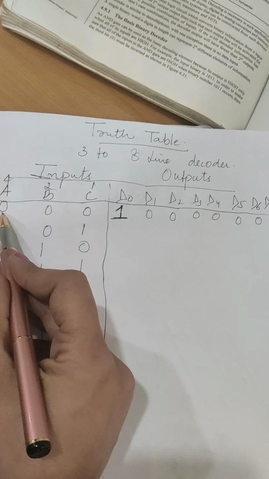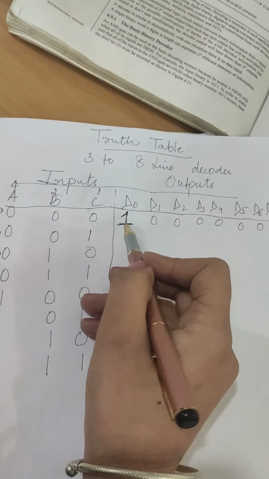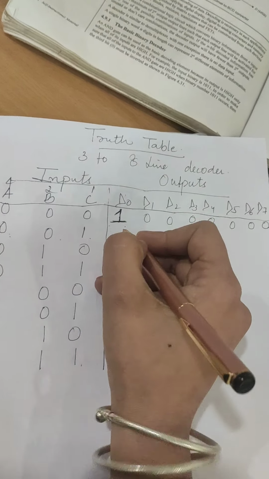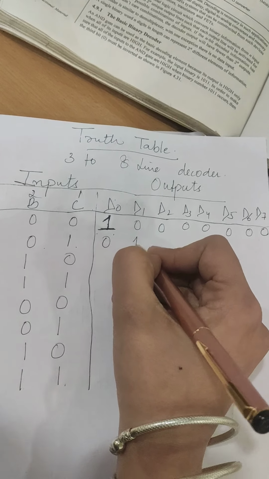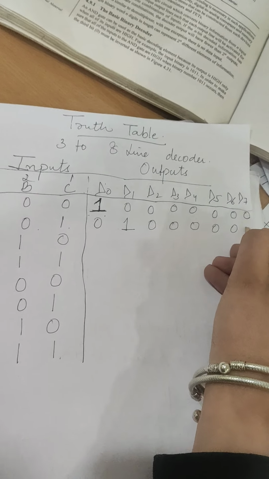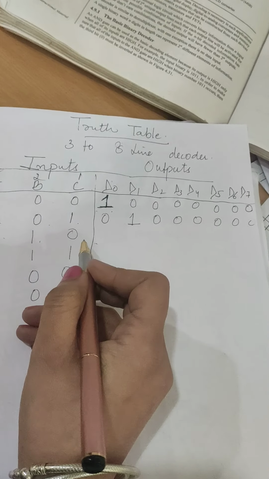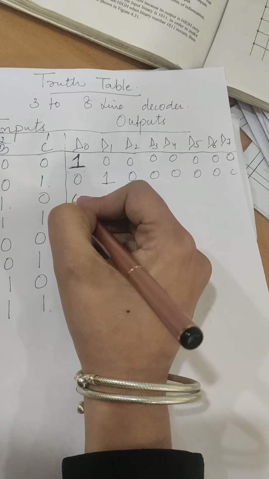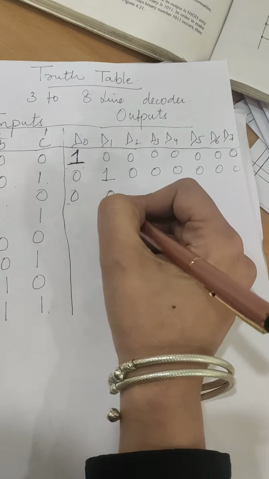Then for 0, 0, 1, automatically D1 will be active, rest all 0. For 0, 1, 0, which is 2, D2 will be active.